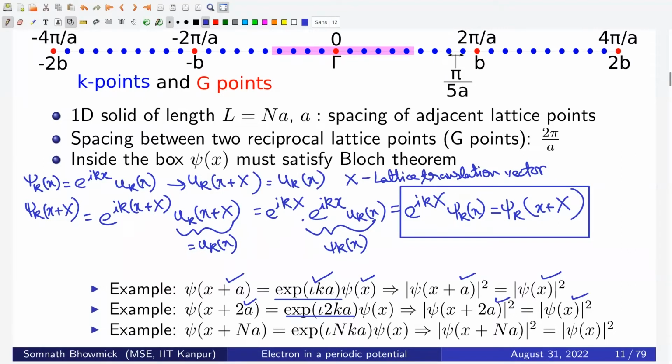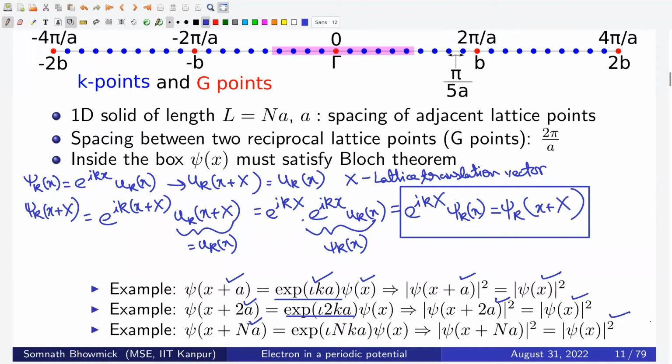Finally, if we take the lattice translation vector to be capital N times A, the eigenfunction must satisfy psi of x plus nA equals e power i n k A times psi of x, and mod psi of x plus nA squared is equal to mod psi of x squared.